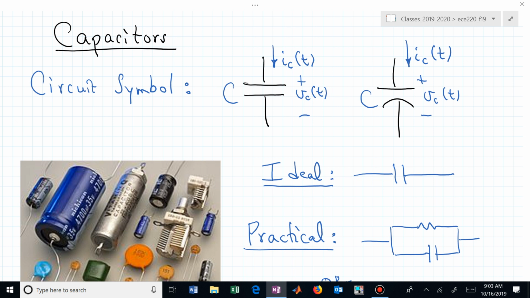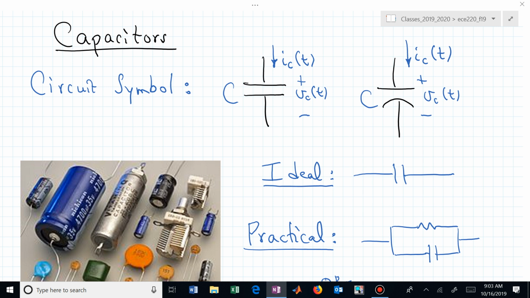Sometimes somebody might try to differentiate between the different plates on a capacitor. If it's an electrolytic capacitor, you need to pay attention to the polarity, and for that reason you might have one of these lines being curved, which is the negative polarity on that symbol.